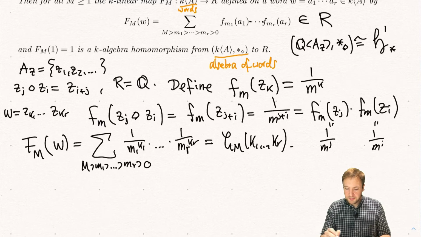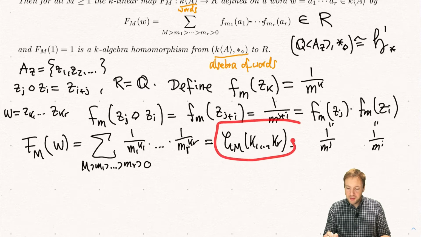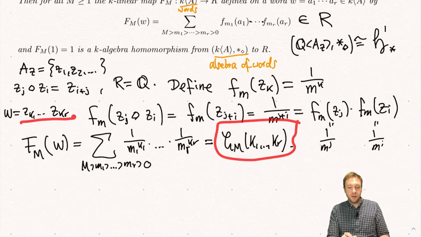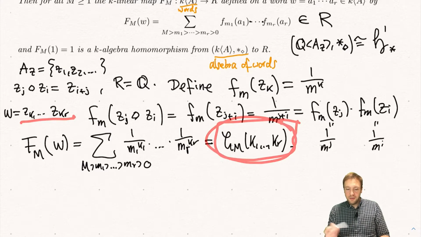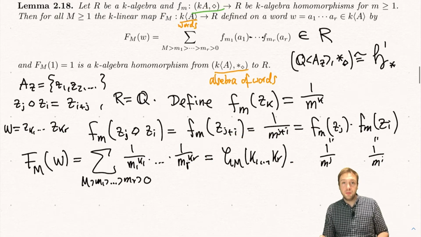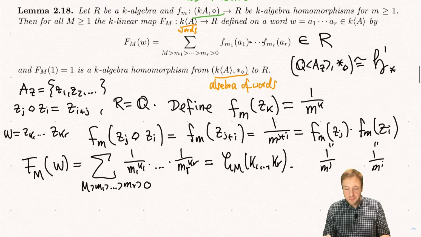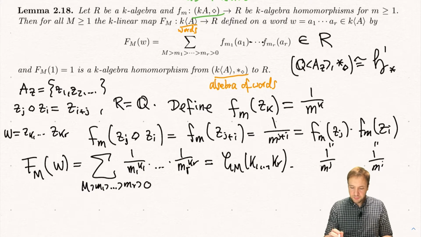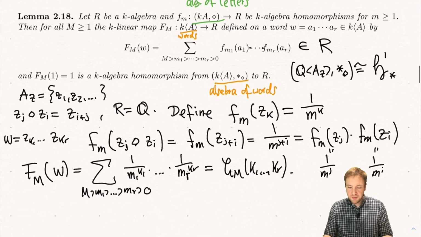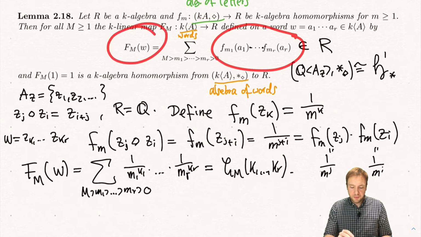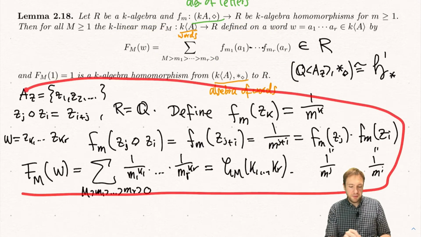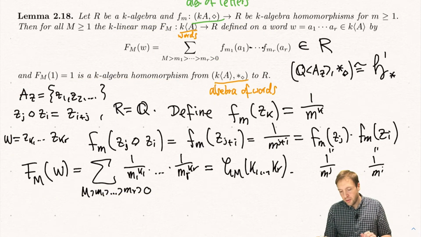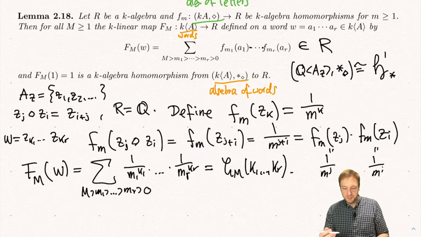Then the statement is that we get an algebra homomorphism from this to Q by sending a word z_{k1} up to z_{kr} to this truncated multiple zeta value. This statement we already saw before, even though we didn't prove it, but we will now prove it in general form. I hope this example makes clear what the idea behind this construction is, because in this simple case we get exactly our object back, these multiple zeta values.